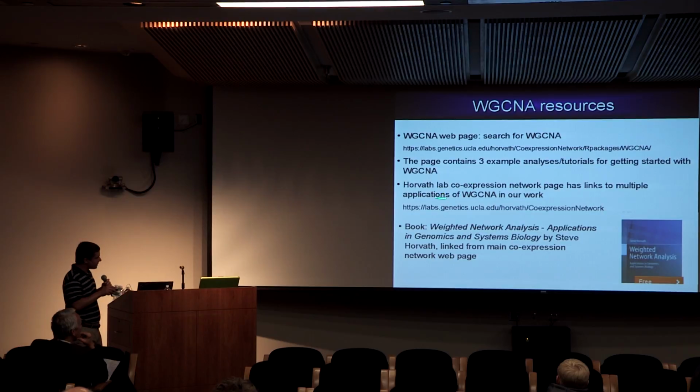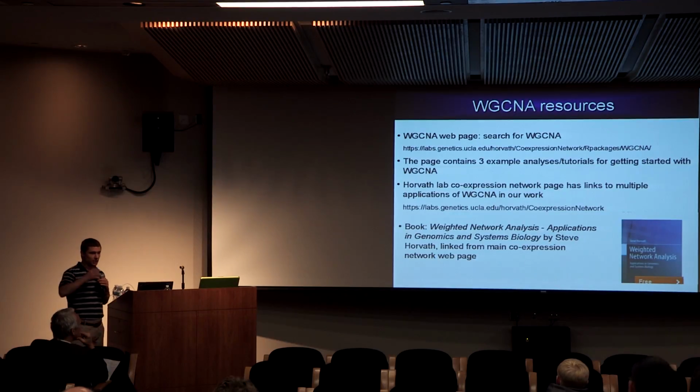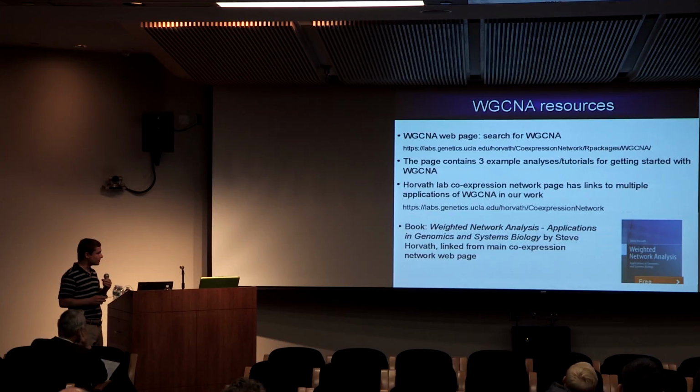There is another website, the Horvath Lab Co-Expression Network page, where Steve has put a lot of links to articles where our group has used WGCNA and other approaches for analysis of data. So there are a lot of other examples that are perhaps not as pedagogical, but they could be more informative if you have a certain specific question or application in mind.